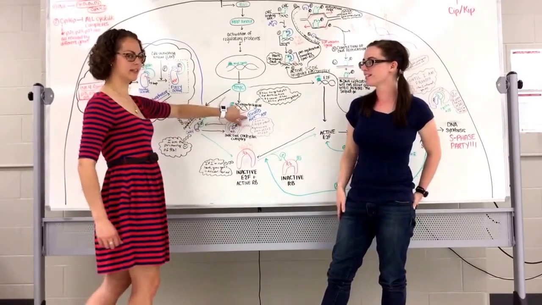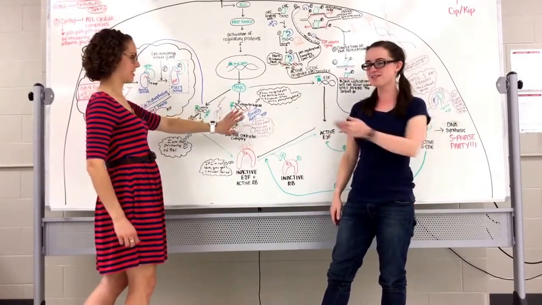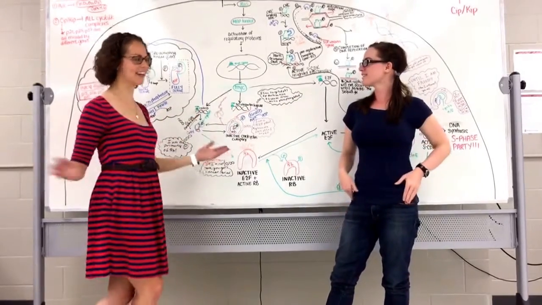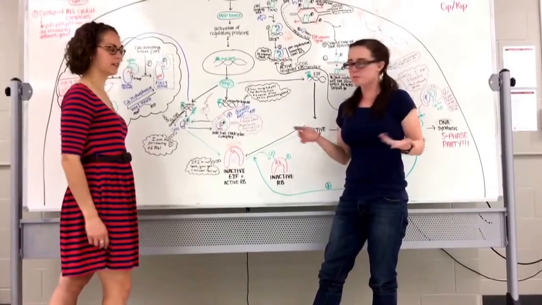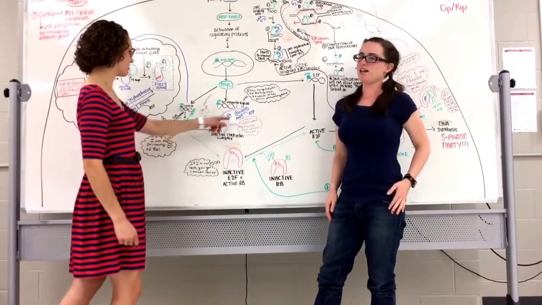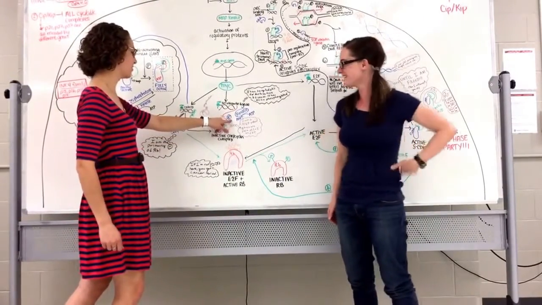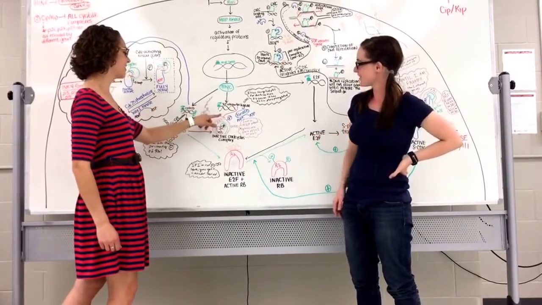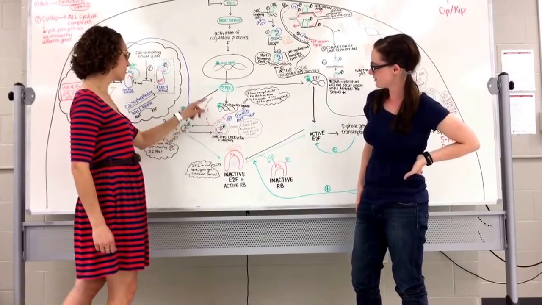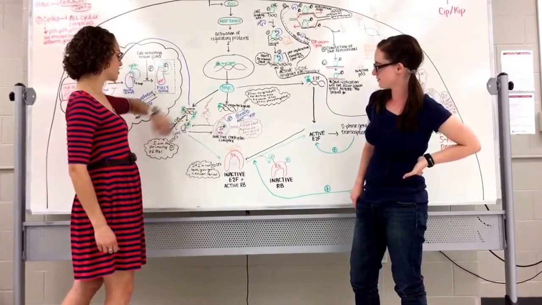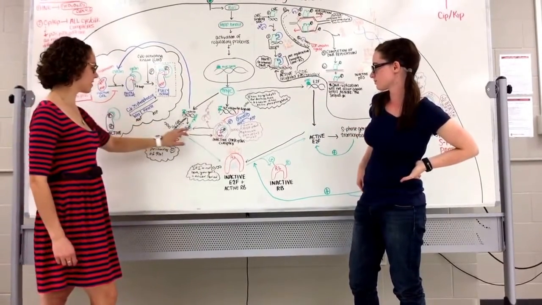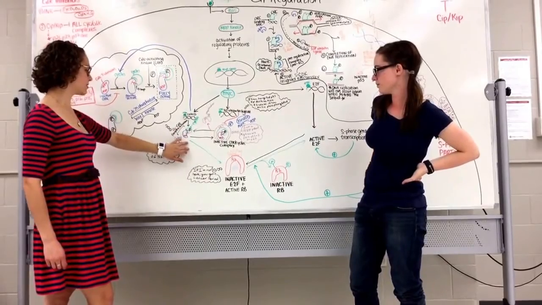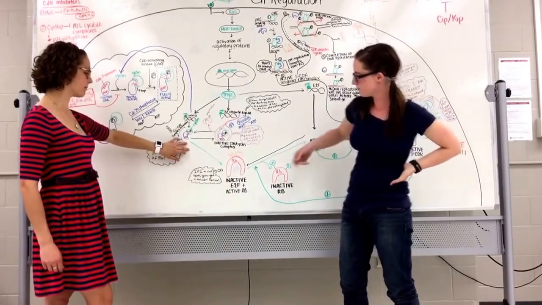A kinase phosphorylates it first, though, and then that allows the ubiquitin ligase to ubiquitinate it and target it for proteasome degradation, which gives you more of this active CDK-cyclin complex right here.